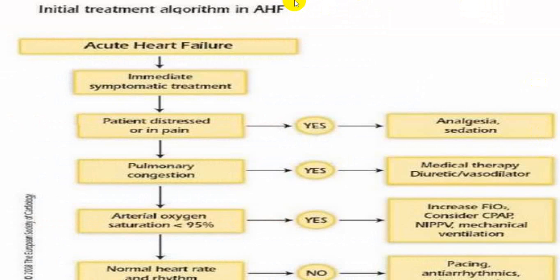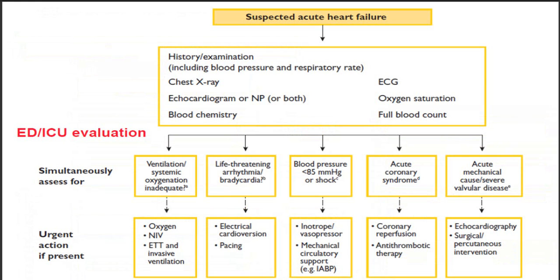These are the flow charts which are there for different types of heart failure. This is for acute heart failure: analgesic, sedation, diuretics, vasodilators, then artificial or mechanical ventilation support, CRT and ICD, etc., depending upon the clinical conditions.